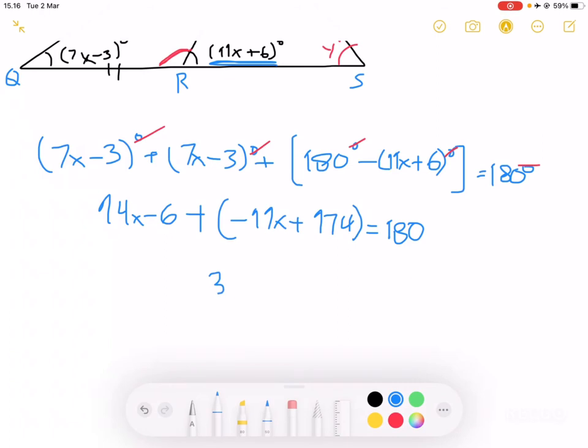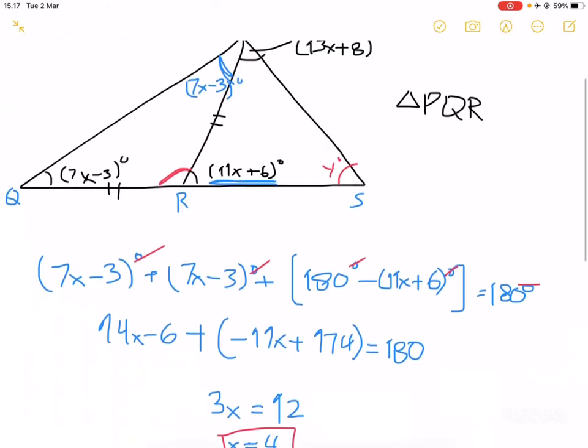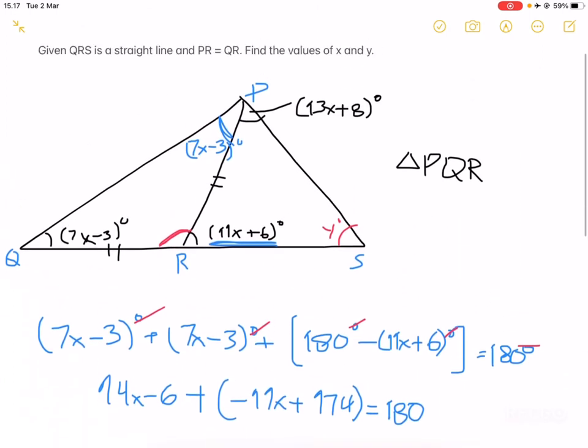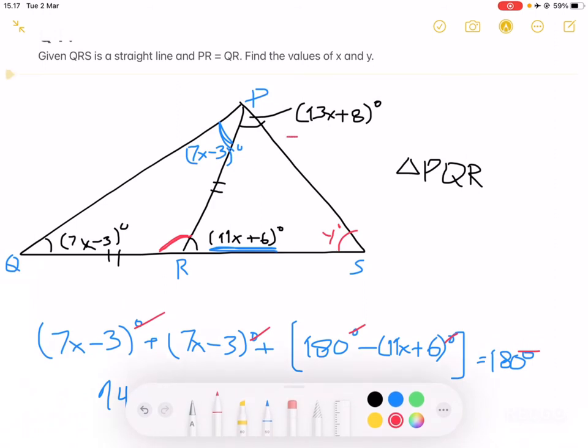And therefore we have 3x is equal to, now we need to calculate this. So we can just subtract 174 on both sides and then add 6 after to get the right hand side being 12, and then x is equal to 4. There we go. So we have x equals 4 as our solution. And solving for y is also pretty simple, since we can just substitute x equals 4 into each expression right here.